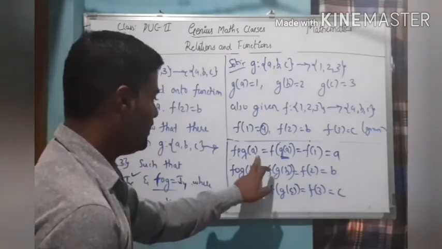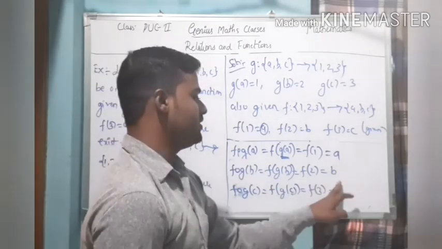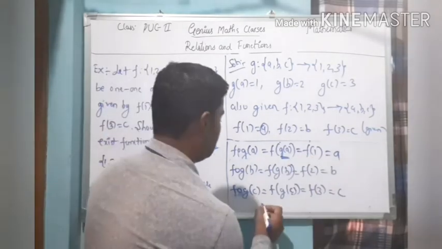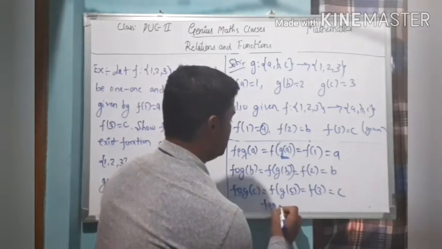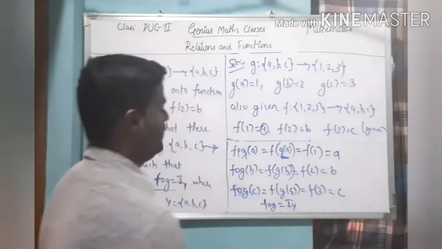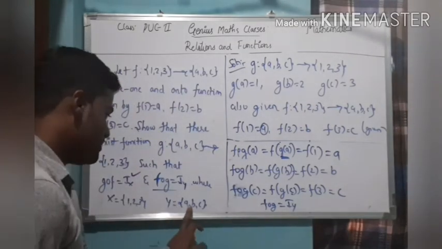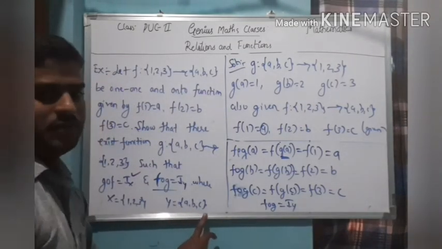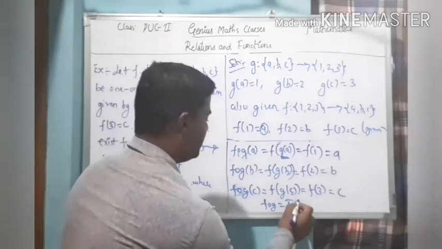So for every element here, we are getting the same image. Therefore, f naught g is equal to iy. Y images are a, b, c. That is why it is the identity function.